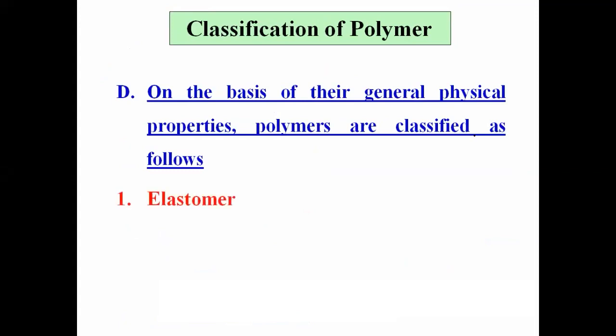First type is the elastomer. Second is the fiber. Third one is the plastic. These are the three main types of polymer, and that classification is based on the general physical properties of the polymer. Now let us see one by one about these three classes.